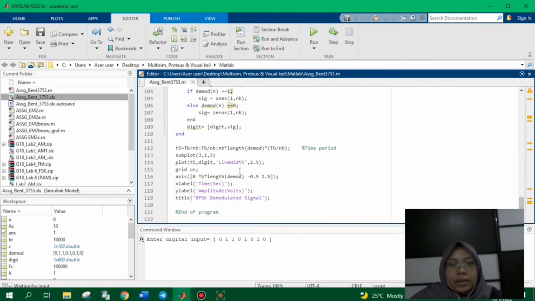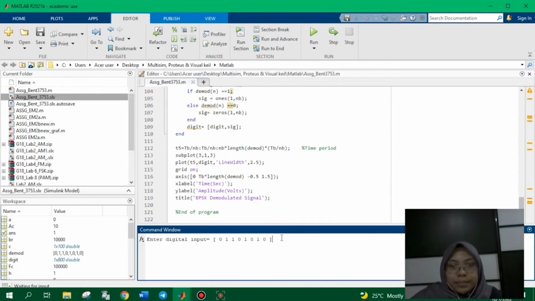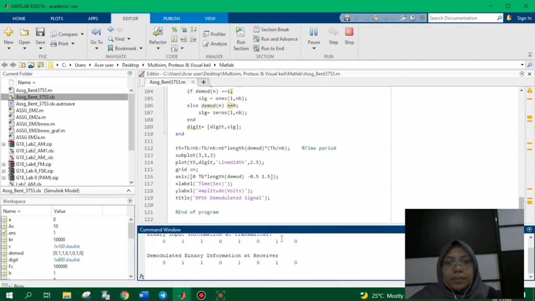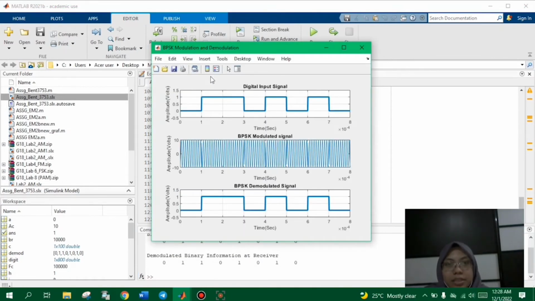Okay, now we will run to enter the digital input. Okay, now this is the BPSK modulation and demodulation output waveform. First, a digital input signal. This is the input where we put 0, 1, 1, 0, 1, 0, 1, 0, and this is the BPSK modulated signal.